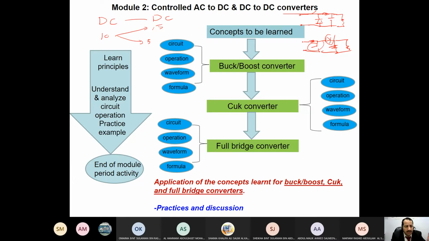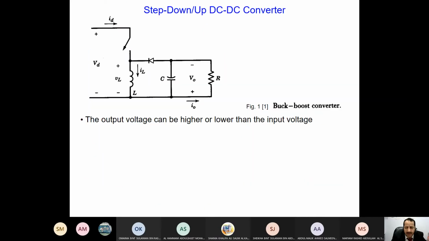Now, today I will talk about the buck-boost converter, and I will leave Cuk and full bridge for the next session this week, inshallah. So buck-boost converter, from the name, it seems it's stepping up or stepping down the voltage. Now you may ask, okay, how do I choose? At the end, it seems I have different options. How can I choose this or that converter?